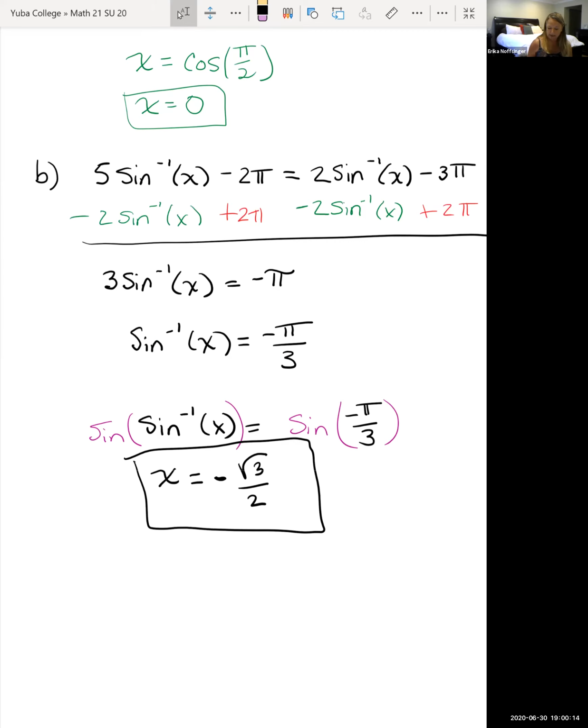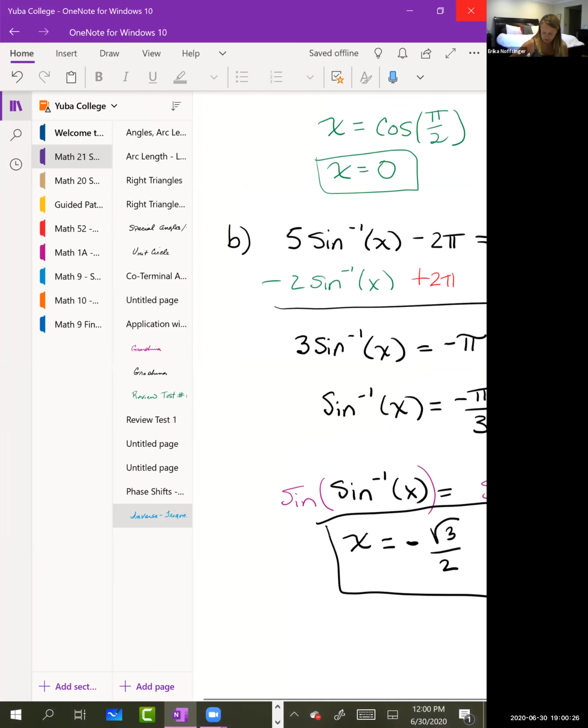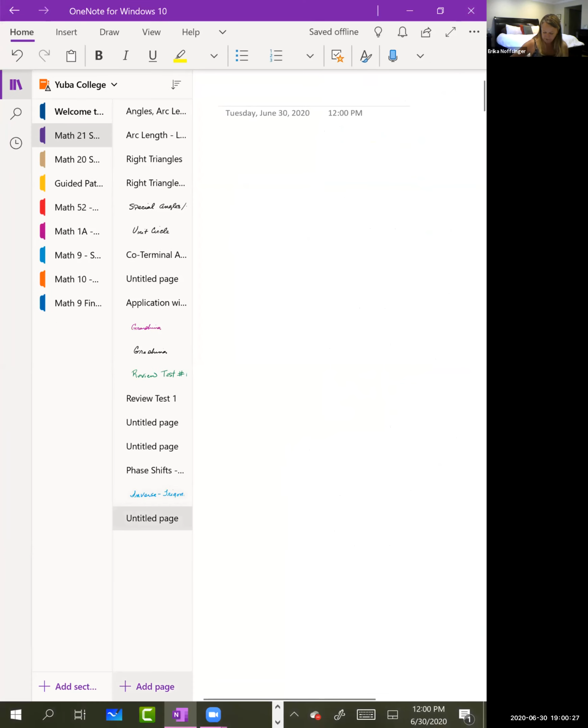Okay, so that is actually 8.1. 8.2 goes over the other trigonometric functions and their inverses. So this is inverse trig functions, still continued.